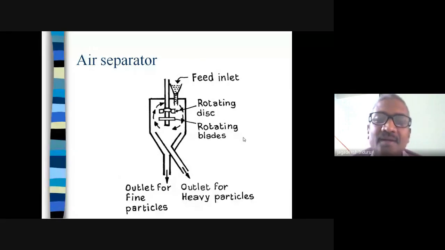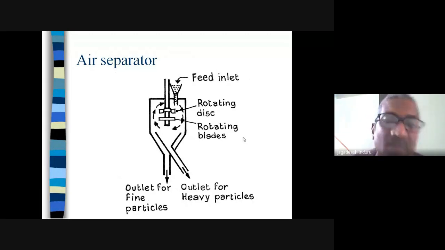Now, in the previous case we had the feed inlet at the side. Now we have it at the top, not at the side. Previously, we had one outlet at the bottom and another outlet at the top. Now we are going to have both outlets at the bottom only. Sometimes you will be asked this question in the exam.